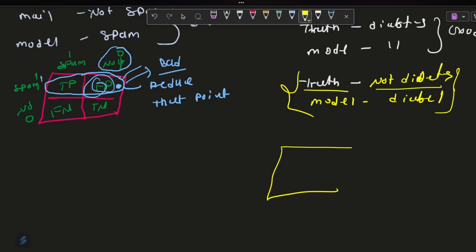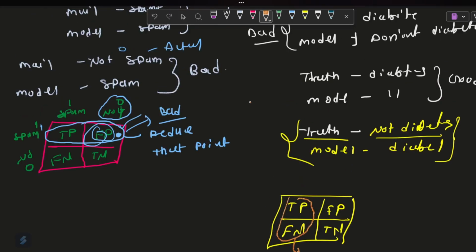So in that case, we have true positive, false positive, false negative, and true negative. In that particular case, we simply reduce that point, because you have diabetes, but the model predicts you don't.